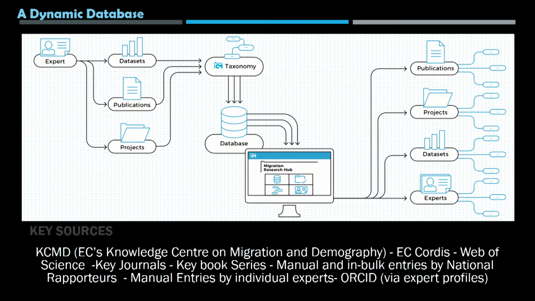And some of our main sources that we've integrated with are KCMD, the Cordis database, Web of Science, key journals and key book series that we've identified, as well as manual and in-bulk entries from national rapporteurs in different European countries, and then, of course, the manual entries by individual experts and integration with ORCID, which is an ID tool for academics.